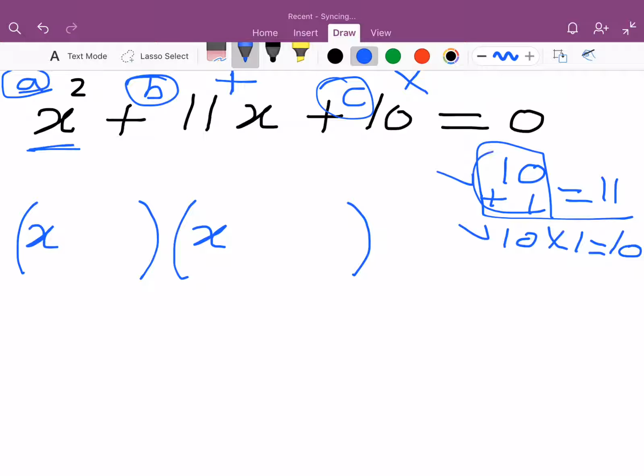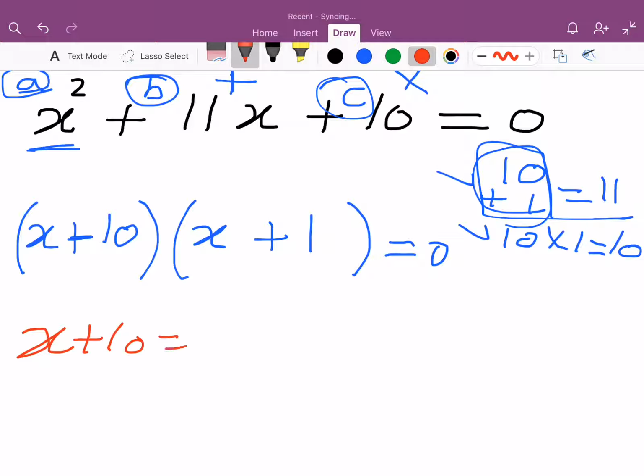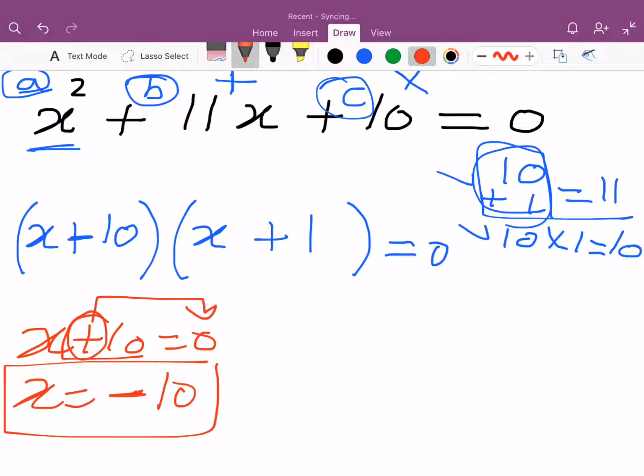Then I use the two numbers here, plus 10 and plus 1, equals 0. Then x plus 10 equals 0, and x equals, I move the 10 to the other side and change its sign. It's positive here, but I change it to minus. So x equals minus 10, and here x plus 1 equals 0, so x equals minus 1.